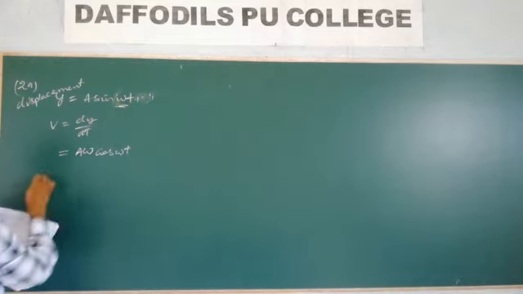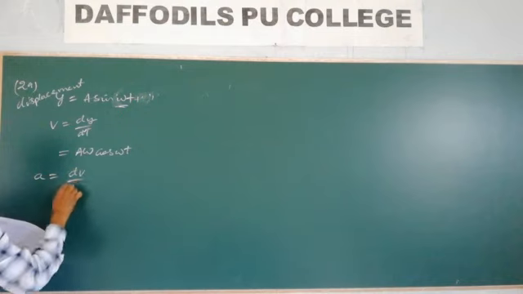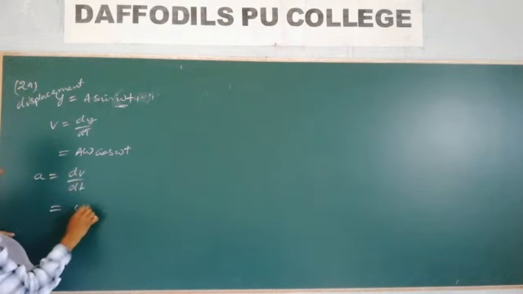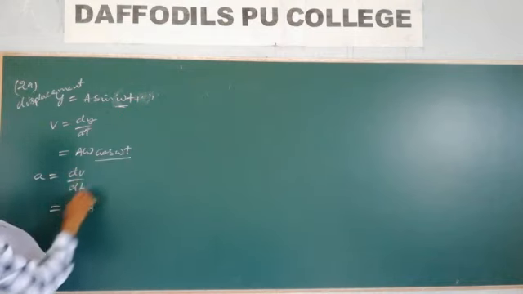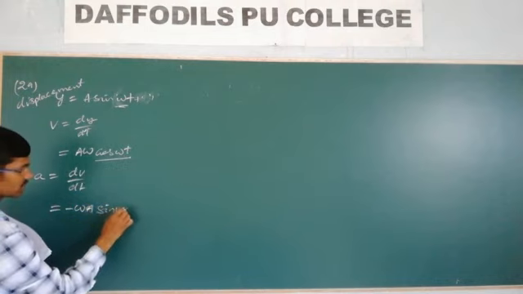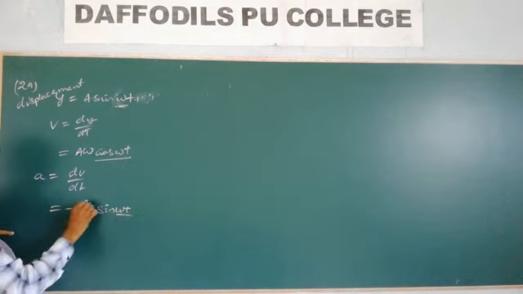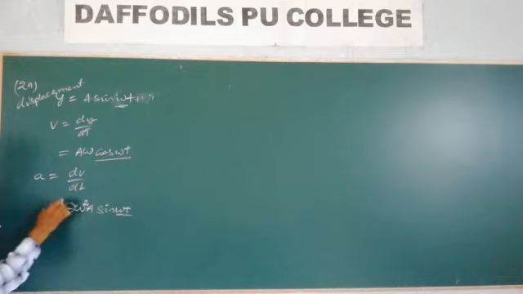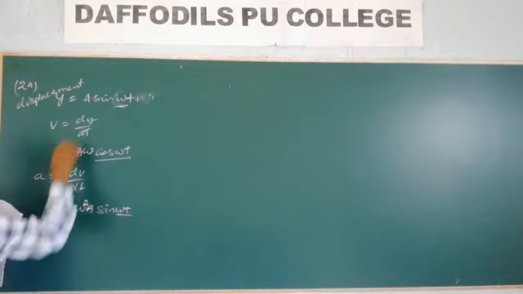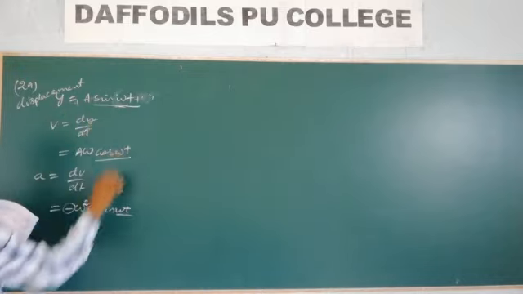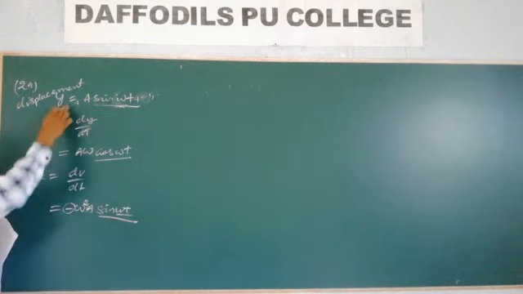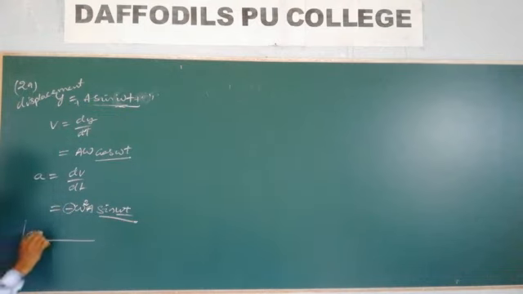So velocity is a omega cos omega t. Now acceleration is equal to dv by dt. That is equal to a omega into minus sin omega t, again with omega, so minus a omega square sin omega t. Here we have positive, here negative.